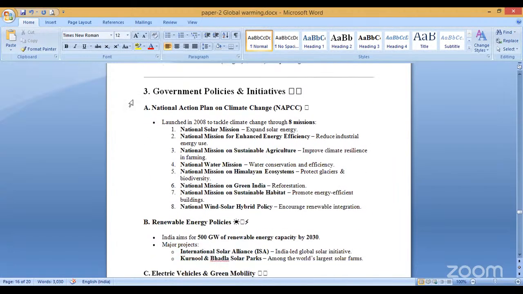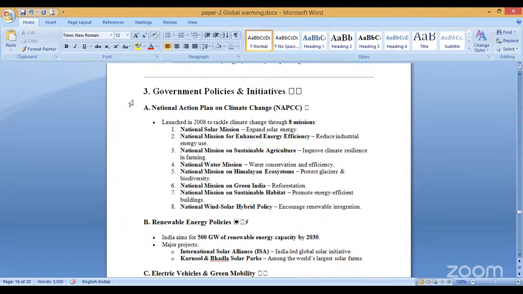Government policies and incentives: the National Action Plan on Climate Change, also called NAPCC. The National Solar Mission expands solar energy. The National Mission for Enhanced Energy Efficiency reduces industrial energy use.